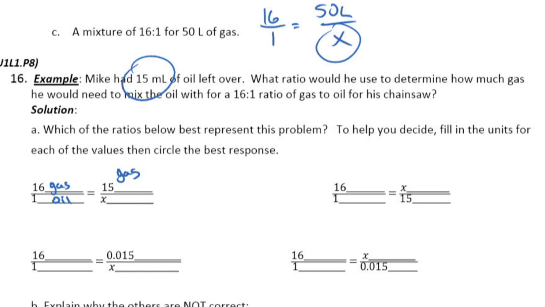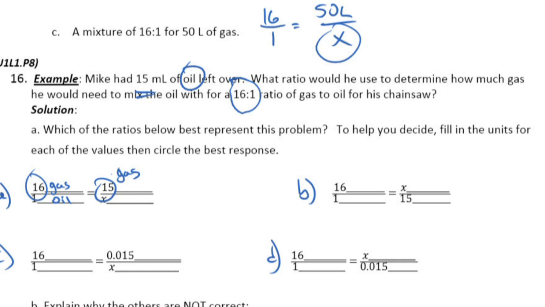In this question, think of this as multiple choice. It doesn't do a very good job of describing it. So which one's right, A, B, C, or D? I know it's a 16:1 ratio, 16 parts gas, 1 part oil. And then he says you have 15 milliliters of oil. But I have 16 gas, and now it's saying 15 gas. The top's the gas, but this should be oil. That's a problem. This 15 is referring to oil, so I don't like this one. So we get rid of A. No good.